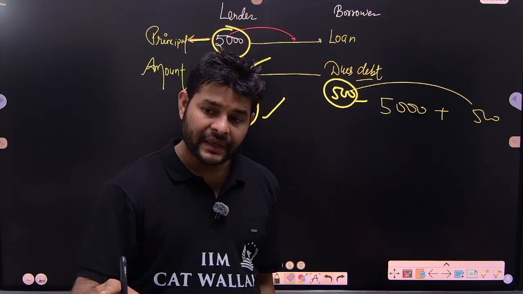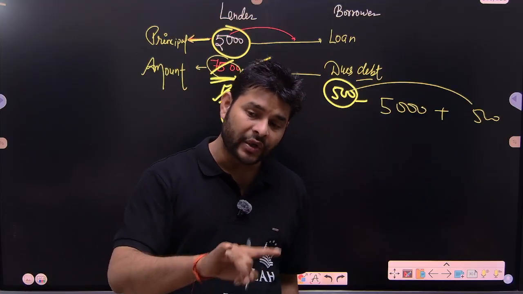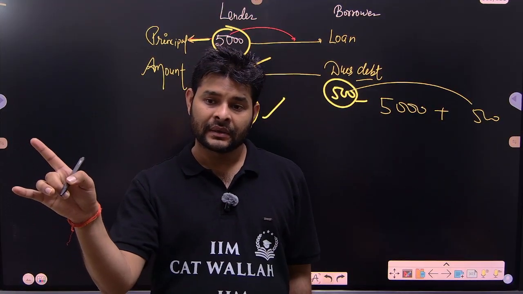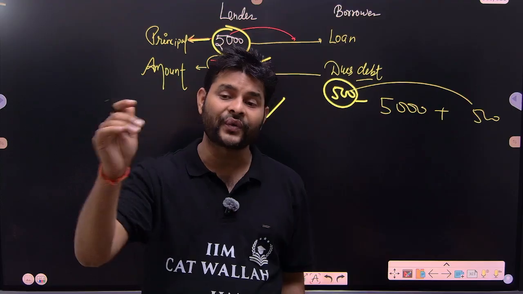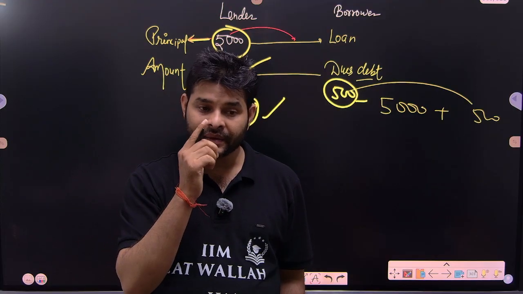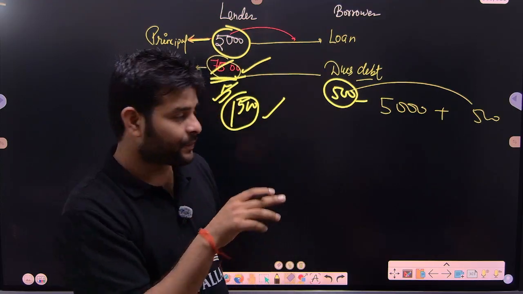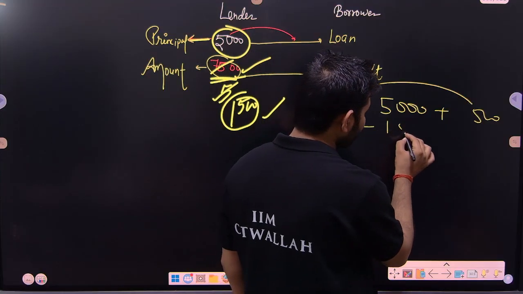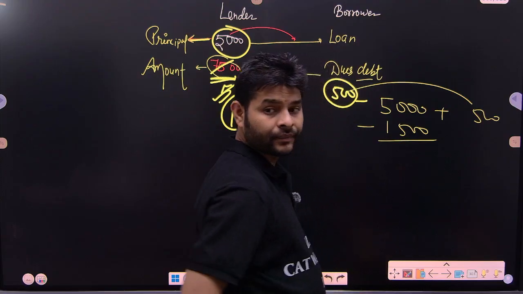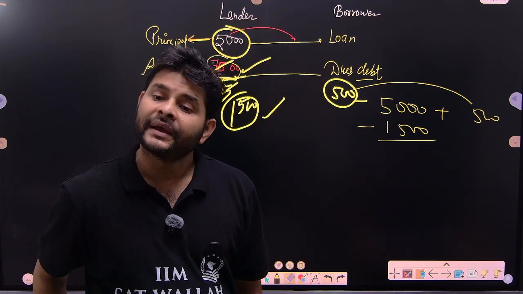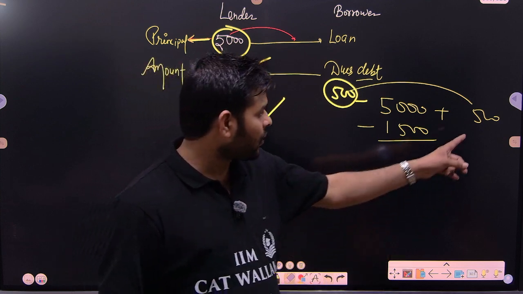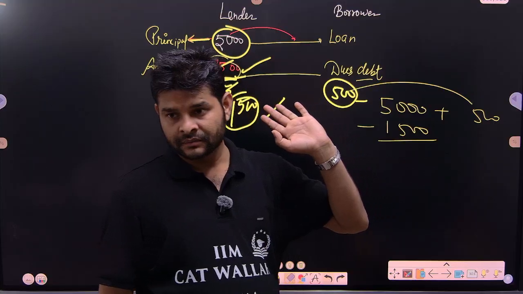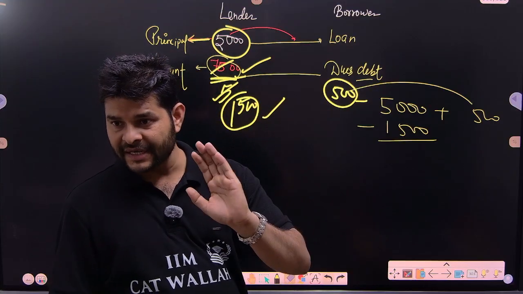But whenever in case of SI, when you repay, that amount is deducted directly from principal, not from SI. Means 1,500 would be subtracted from here. But in CI, 1,500 would be subtracted from the whole amount.